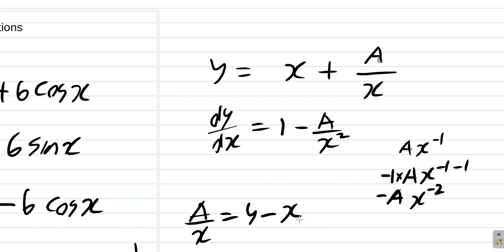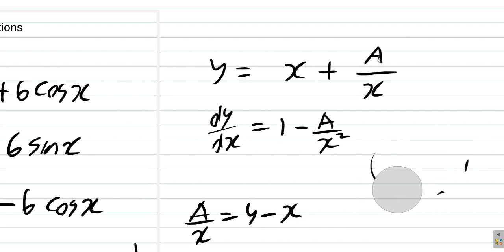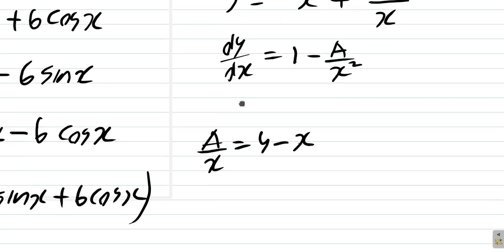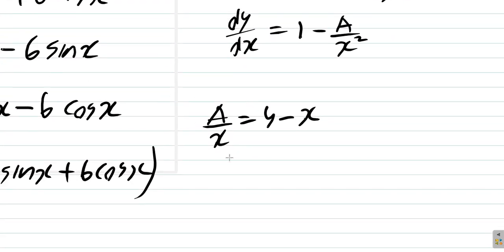So a over x is y minus x. And what you can do is multiply both sides by x, so you get a is equal to x times y minus x. So that is a, is x times y minus x.